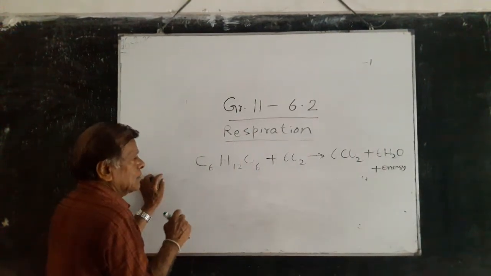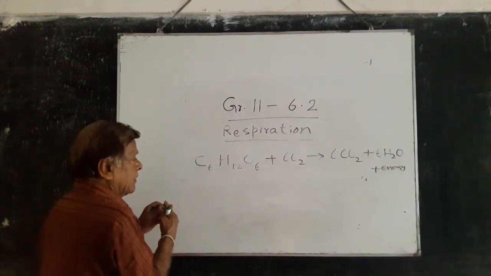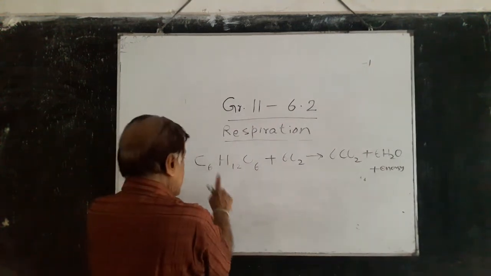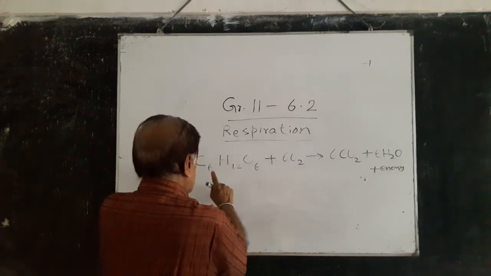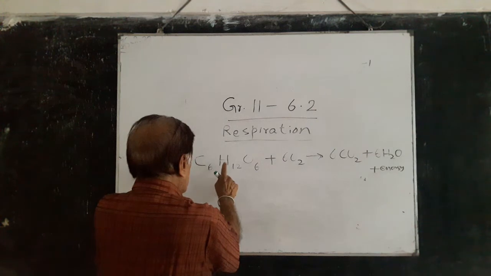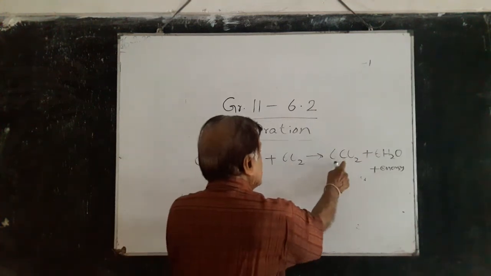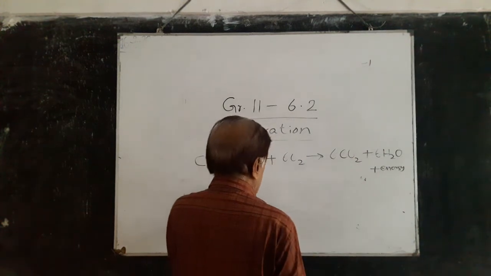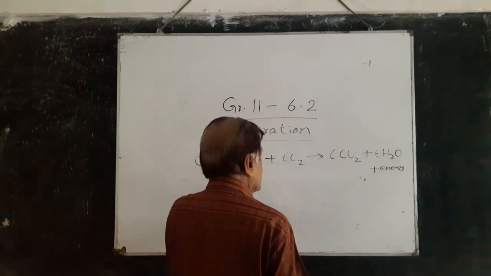This process can be summarized by this equation, that is oxidation of glucose. When glucose is oxidized, carbon dioxide and water are formed. Energy releases from food.